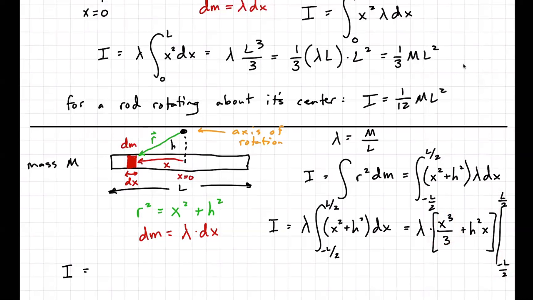So it is lambda times 2/3 L over 2 cubed. And you can check my work there. The second term would just be h squared times L times lambda. Forgot a lambda in there. Okay, you can check my work there.